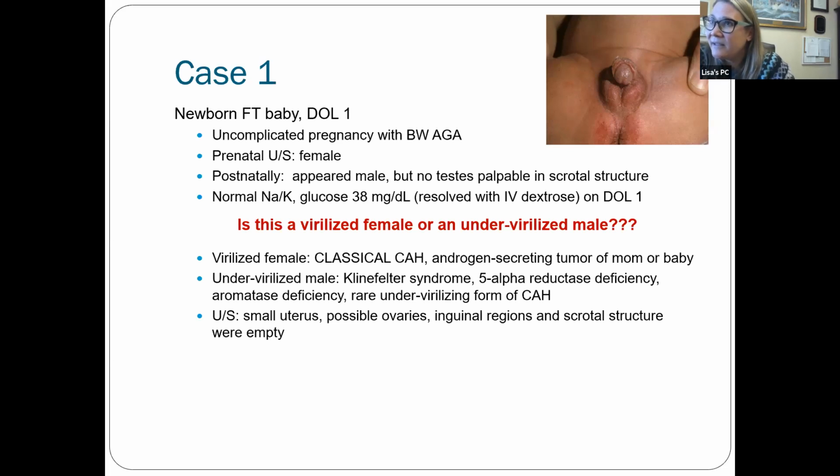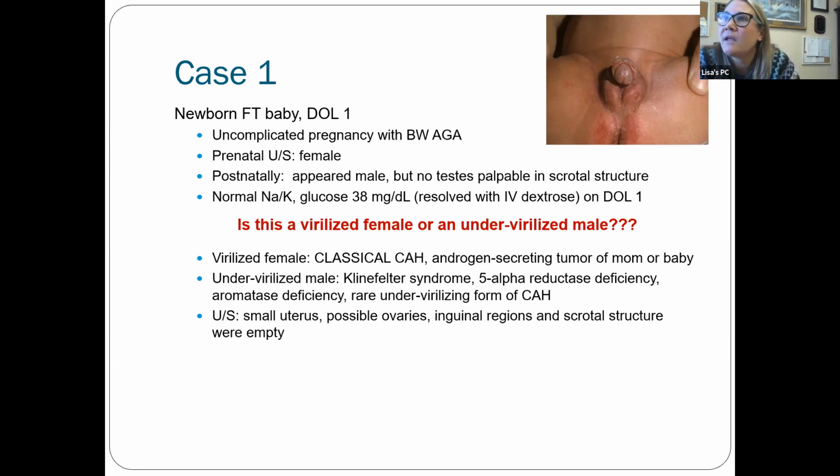So if there were testes, this is a male, no doubt, it would be an under-virilized male, but without testes, I'm leaning more towards a female. And so the first and fastest thing that we can do is an ultrasound to make sure that there are no testicles in the inguinal canals or anywhere that we can see, because that helps us very quickly decide if we're dealing with a male or a female baby.